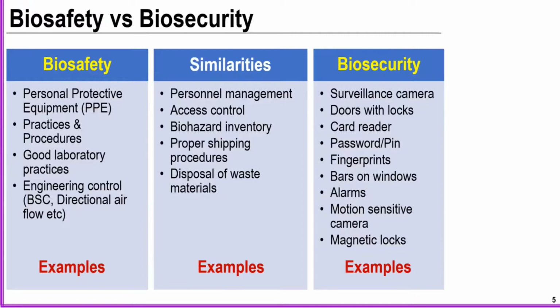In biological laboratories, we use biosafety cabinets to protect researchers from dangerous pathogens. It is an example of a biosafety control measure. Another example of a biosafety control measure is negative air pressure in the laboratories.